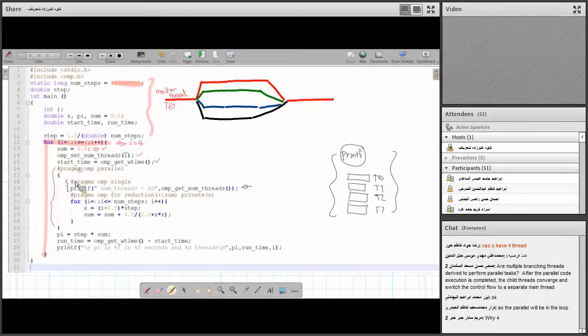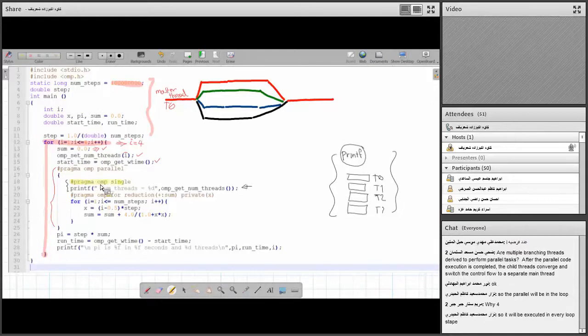Here we are going to print just one printf. Therefore, we use a new OMP construct, pragma OMP single. The statement after this directive is printf blah blah blah.